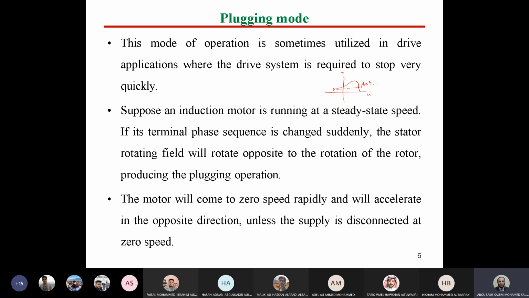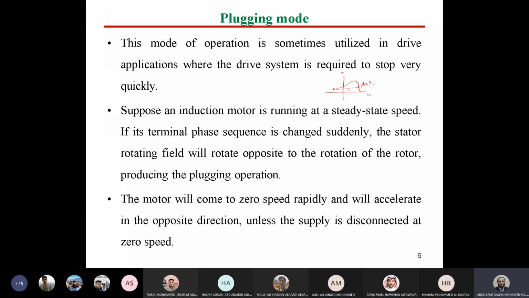So how can we do that? If we have a three-phase induction machine, simply by converting the phase sequence from ABC to ACB. What will happen to the rotating flux? If we reverse the phase sequence, it will rotate in the opposite direction.